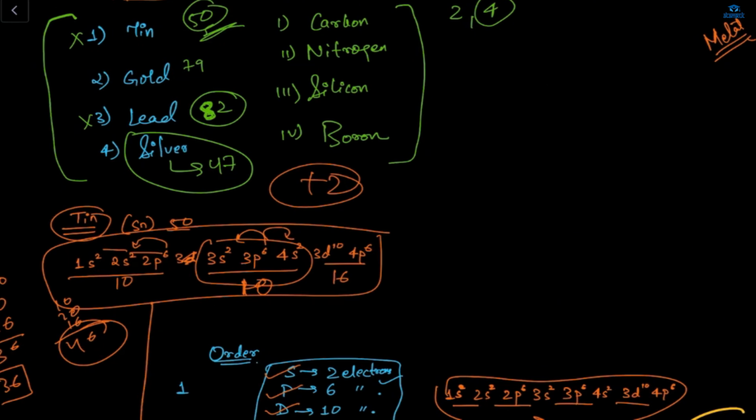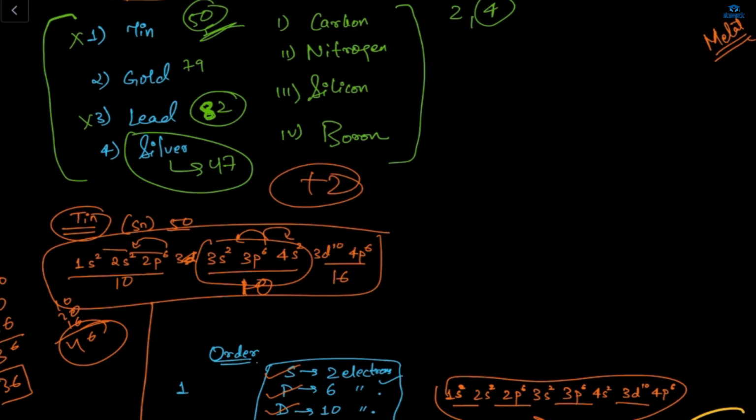So what is the electronic configuration of lead? I'll send it to you on WhatsApp. Okay, just tell me the electronic configuration. In the last, it's what? 4f14, 5d10, 6p6. Why 6p6?